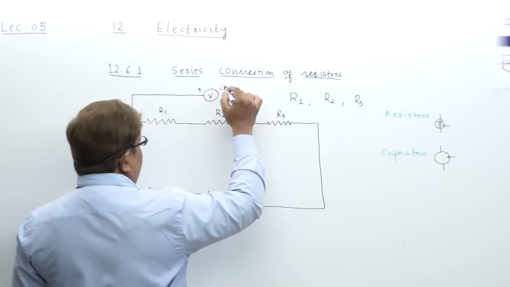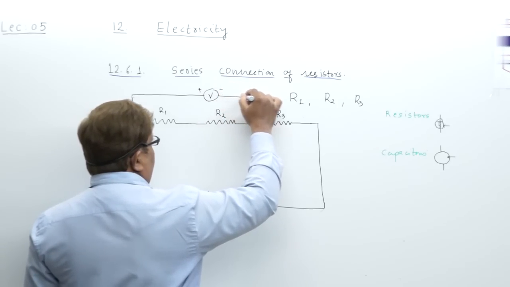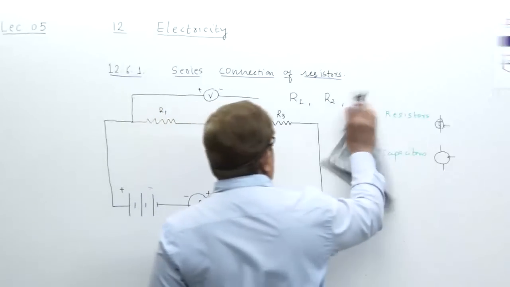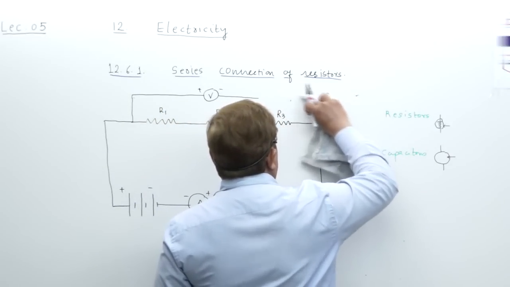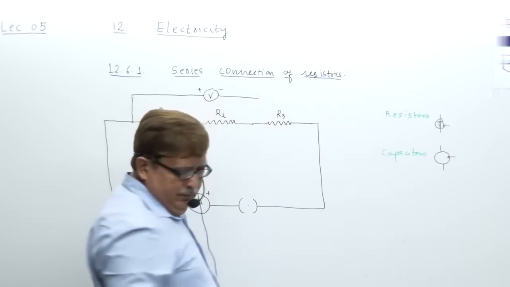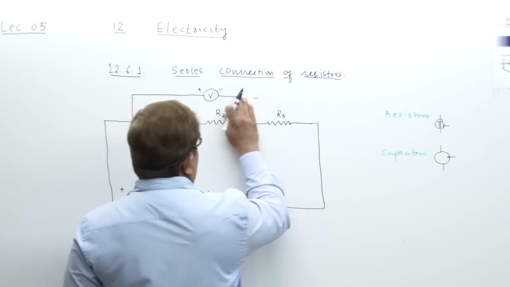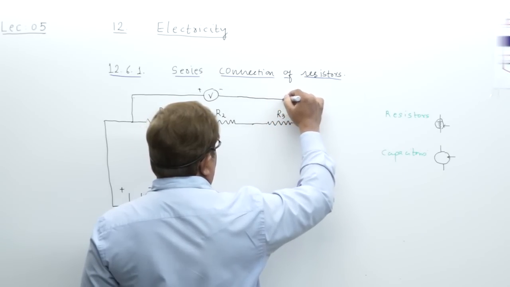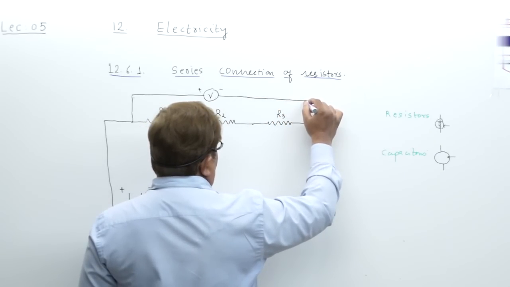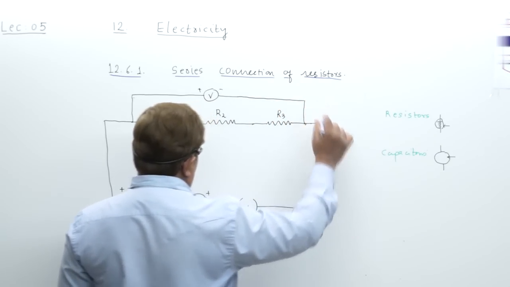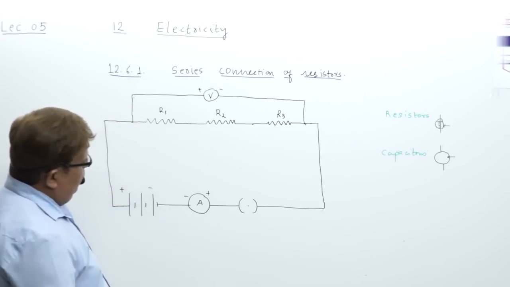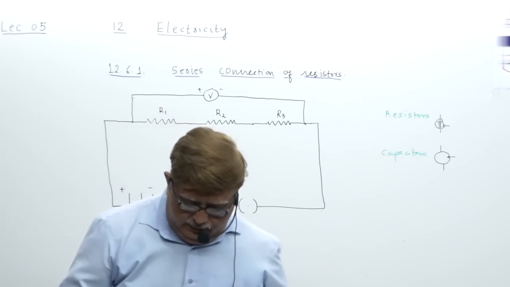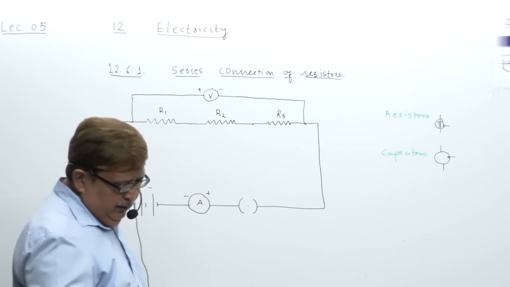Plus, minus. The voltmeter is always connected in parallel connection. This is the voltmeter. So this is actually the diagram of series connection of resistors.